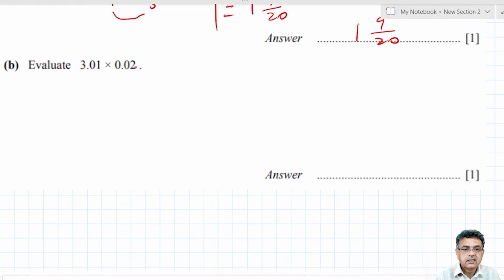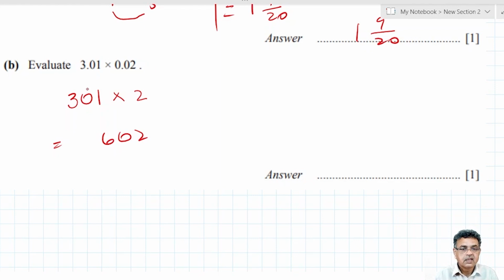Okay, now this number 3.01 multiplied by 0.02. Once again its technique is to ignore the decimals while multiplying. That will be 602.